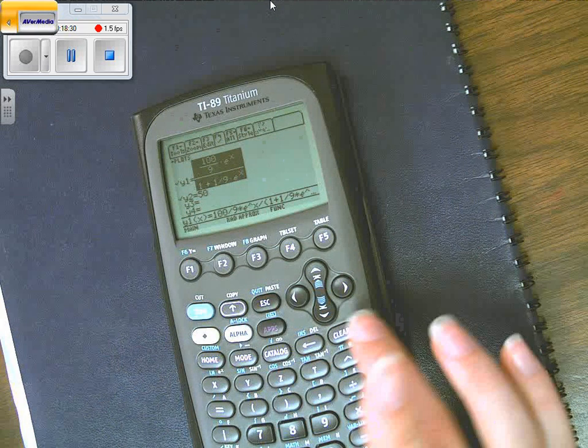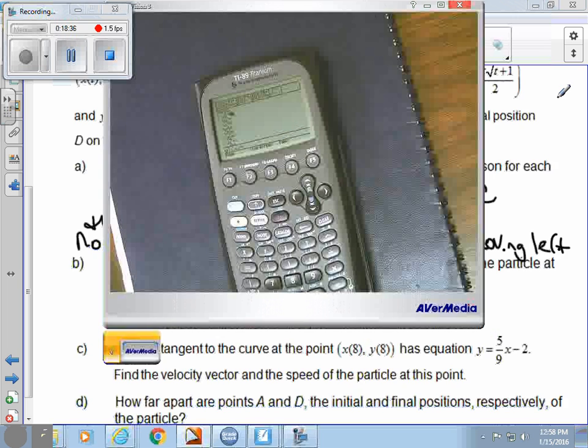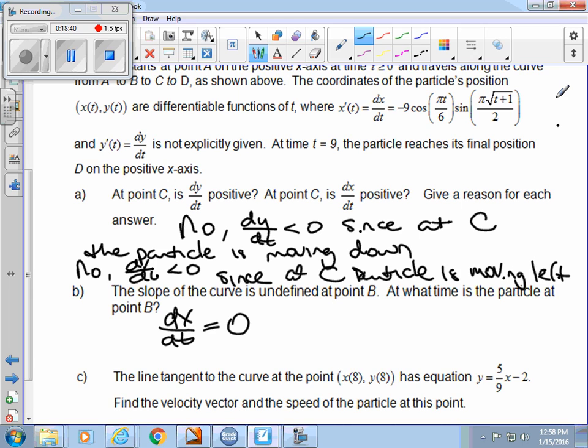And so what was the function? -9 cosine of pi t over 6, so I'm going to use pi x over 6, close parentheses, times sine of pi times the square root of t plus 1, so I'm going to do x plus 1, close parentheses, divide by 2.